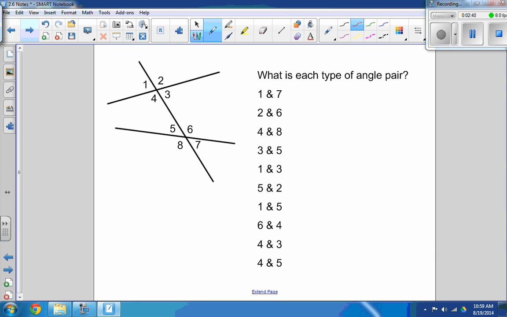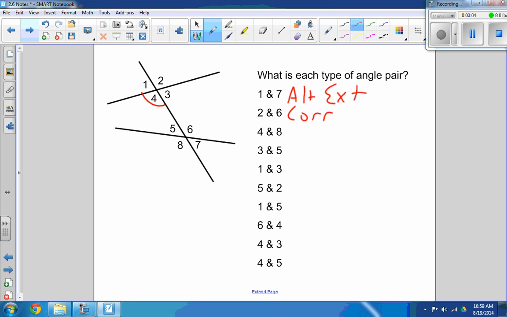So let's identify on this diagram what each type is, and I'm going to abbreviate. Angle 1 and 7, alternate exterior. Angle 2 and 6, corresponding.